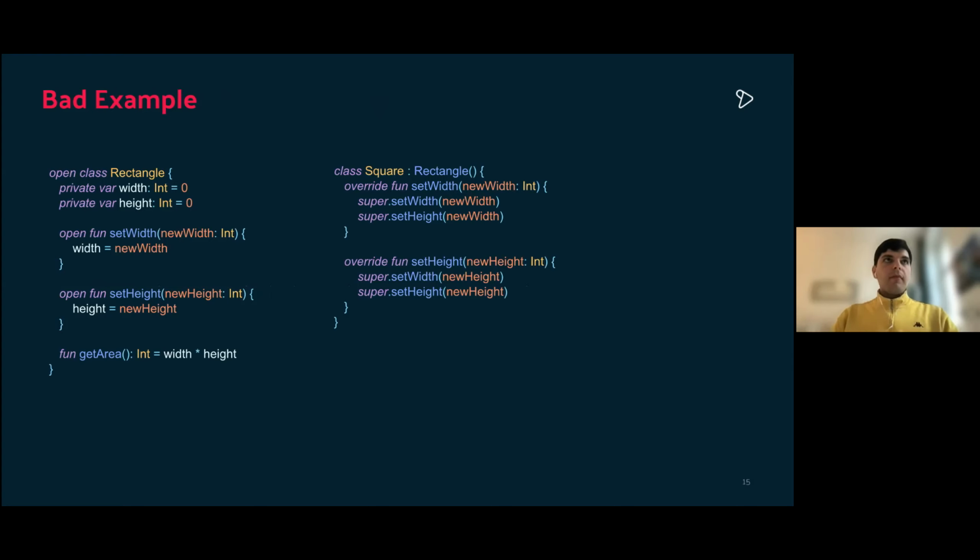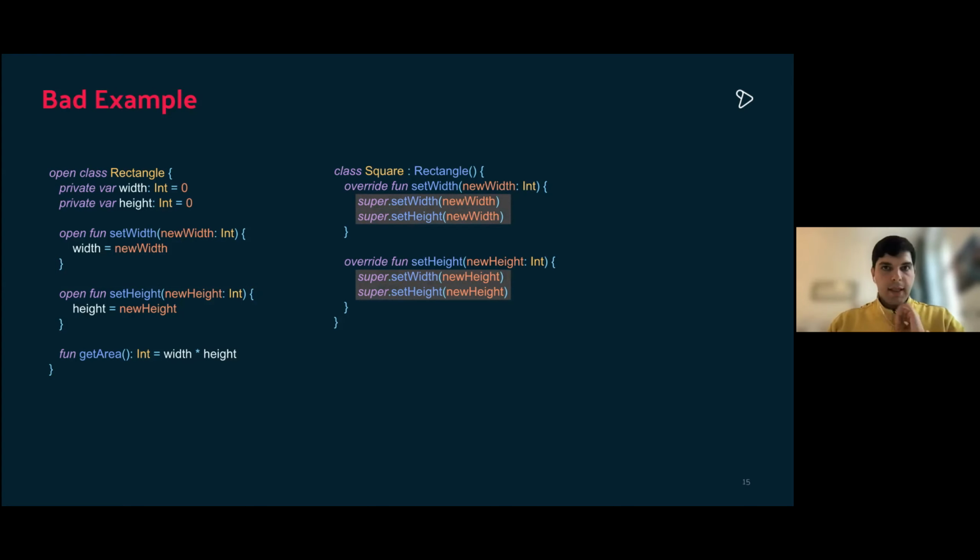So again, this is a bad example. We have a rectangle class here, and then we have a square class which inherits from rectangle. And as you can see in these noted areas, they break the parent's definition. So whenever we set width, it overrides the height, and vice versa for the height.